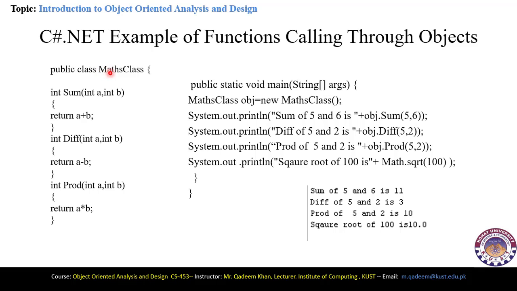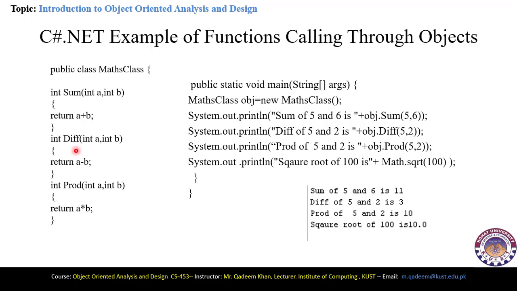Then we have multiple functions inside the MathClass. The first is the sum function, whose return type is integer, with two integer parameters, int a and int b, which are processed by the sum function, and it returns the addition of the two values.